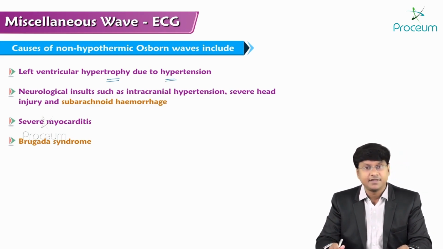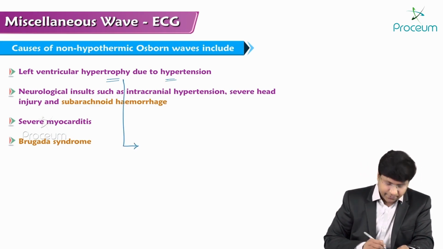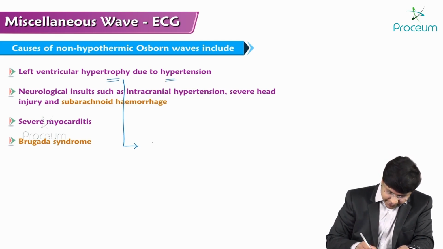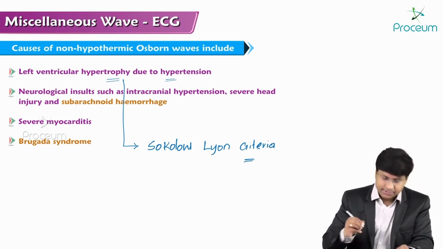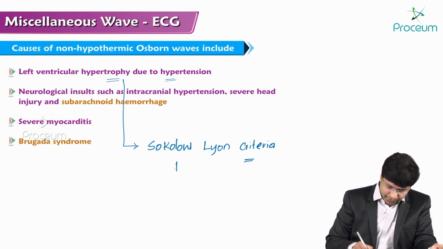Now, if you take left ventricular hypertrophy, what actually is the criteria? The name of the criteria for left ventricular hypertrophy is the Sokolow-Lyon criteria. Now, what is this Sokolow-Lyon criteria?